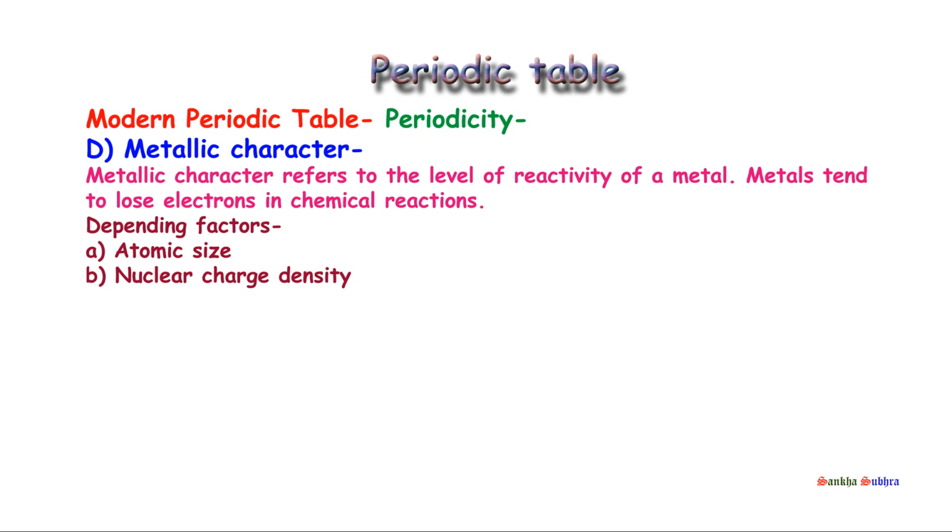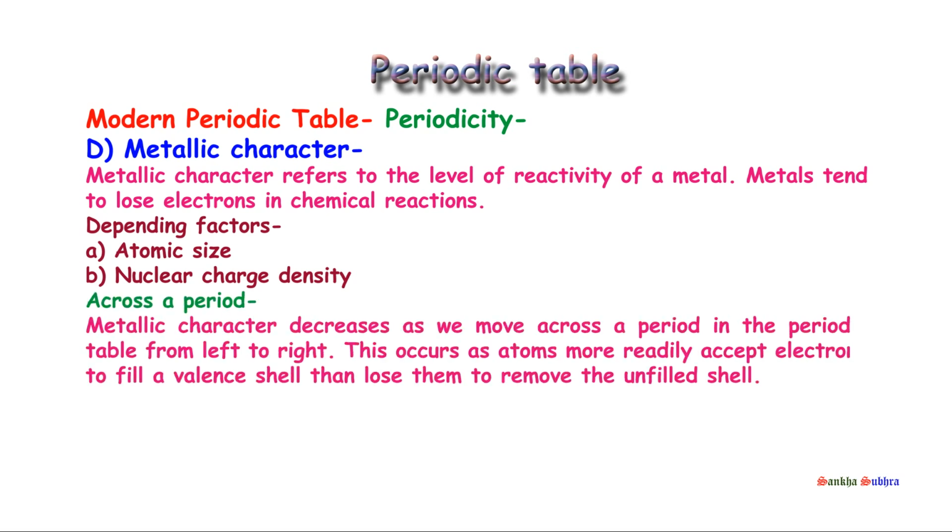That's why we can state if the size of the atoms is going to be increased, then the metallic character will be increased. On the other hand, the greater the nuclear charge density, the greater the force exerted by the nucleus on the outermost electrons. As a result, it's difficult to remove the electrons from the atoms if the nuclear charge density becomes maximum.